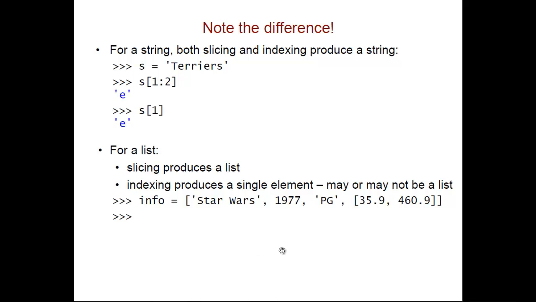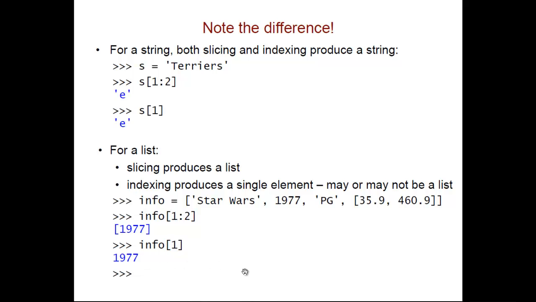Now, if I do those 2 comparable expressions, one of which is a slice, just like I did up here, and one of which is just using a single index, you can see that I don't get the same thing this time, because the slice gives me a sublist containing the element at position 1, whereas if I just do the index, I'm just going to get that element. It's not going to give me a list.